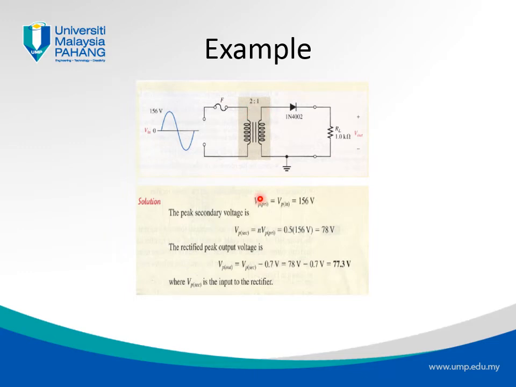It means that at the secondary we'll have half of the voltage of the input. So if we have 156 at the input, half of 156 means at the secondary of the transformer we will have 78 volts, and what we're going to rectify is basically a sine wave that has a peak voltage of 78 volts, right?